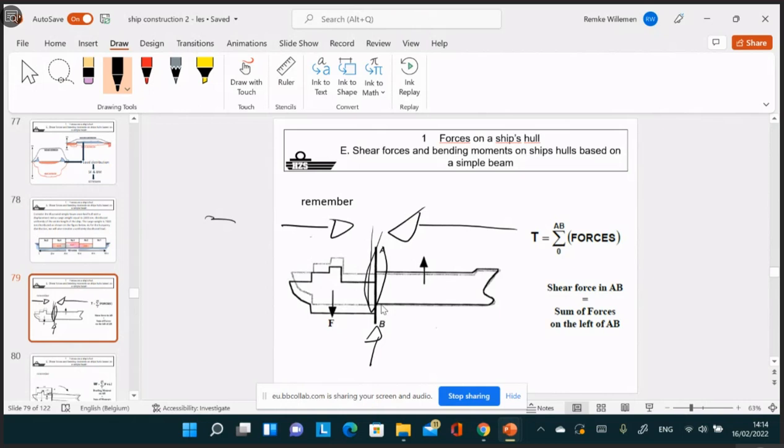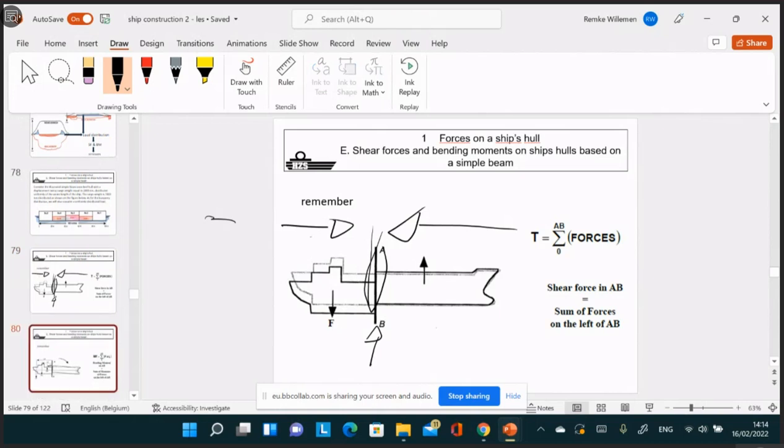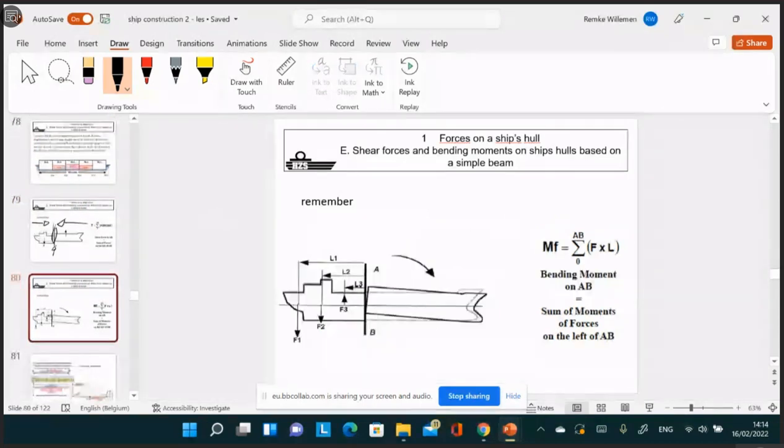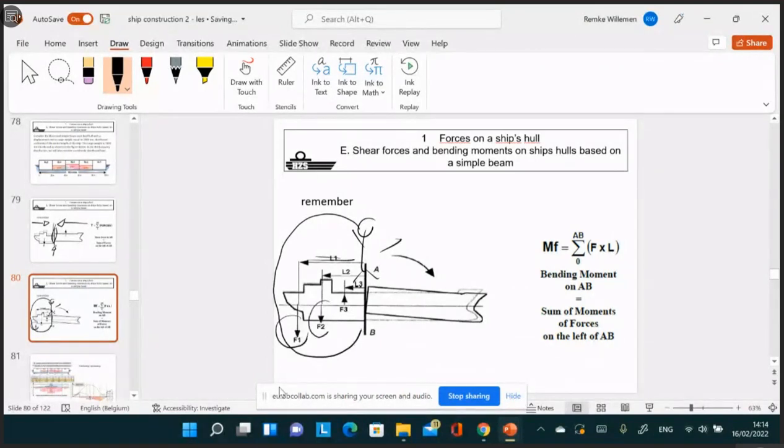What do you do with the bending moments? The bending moment is the same principle. You put yourself at the cross section where you want to calculate your bending moments. You look at all the forces acting upon it, and you sum up all the moments. So the force F1 multiplied by its respective arm, force F2 multiplied by its arm, and F3 multiplied by its arm. If you sum them all up, you have the counter force here, which should be the same because the sum of the moments should be equal to 0 eventually.